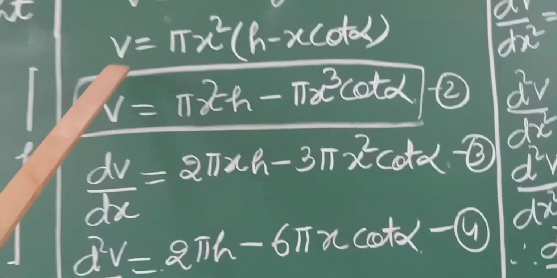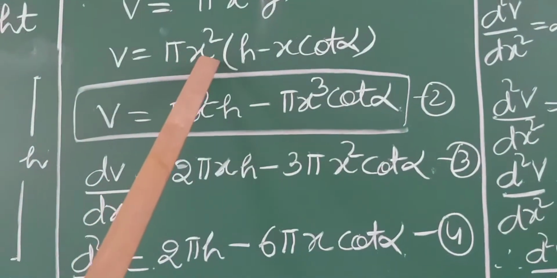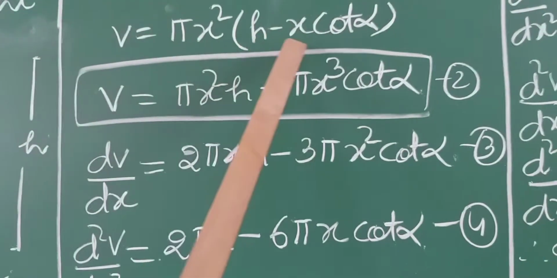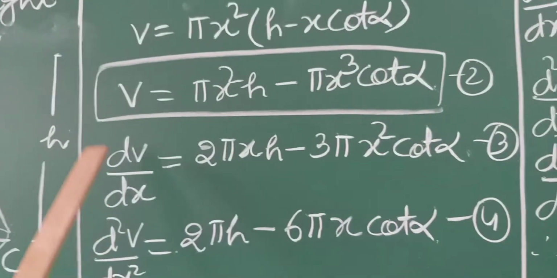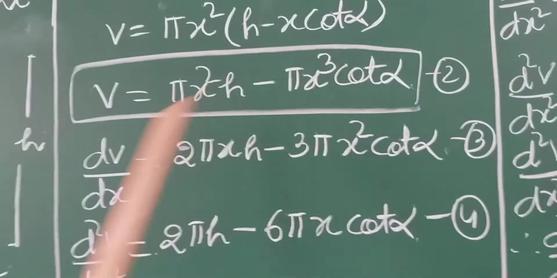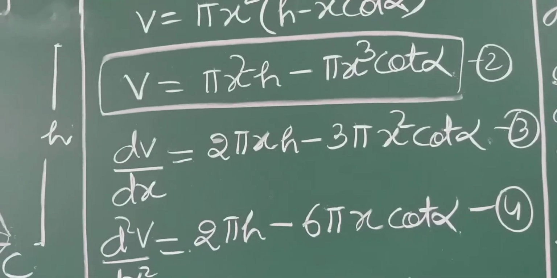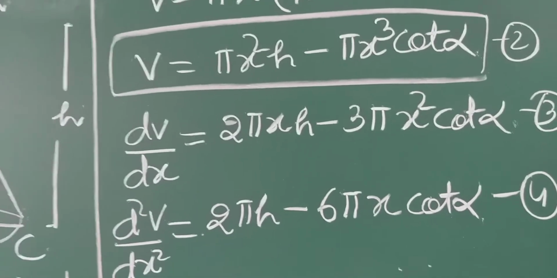Now students, when we open the bracket, V equals pi x square h minus pi x cube cot alpha. So this is the volume of the cylinder. To get the point of maxima or minima, we have to differentiate it with respect to x.